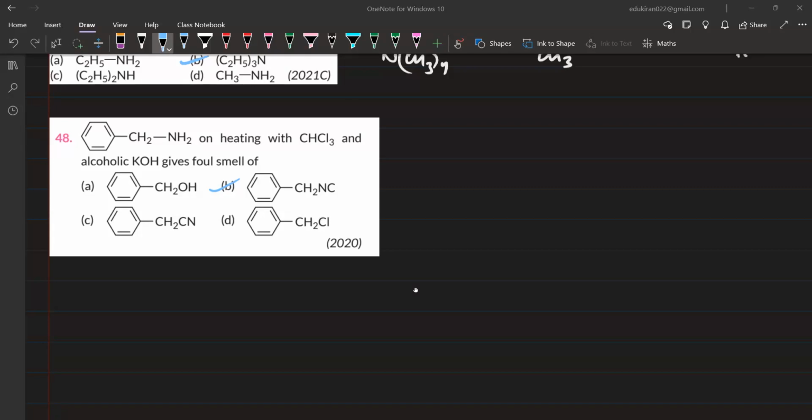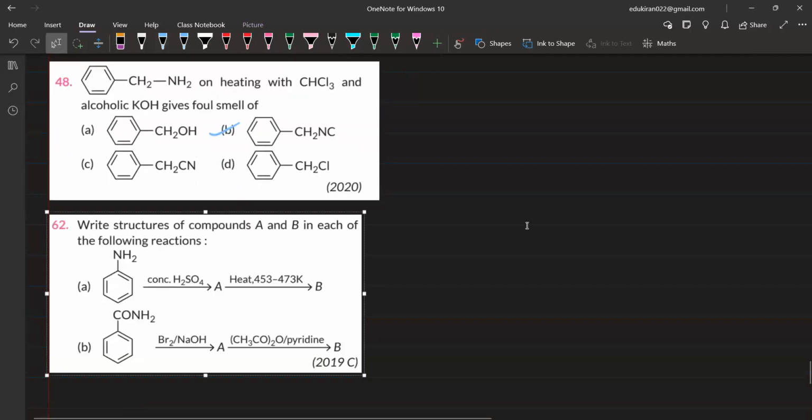Let us see. ये सवाल आप लोगों से हो पाता है या नहीं? Structure of A and B in each of the following.